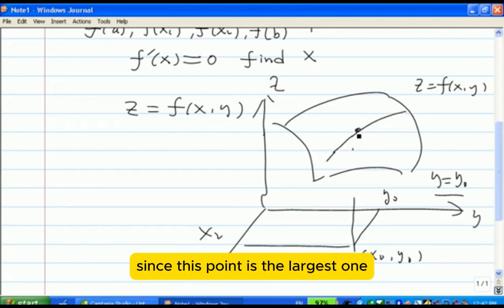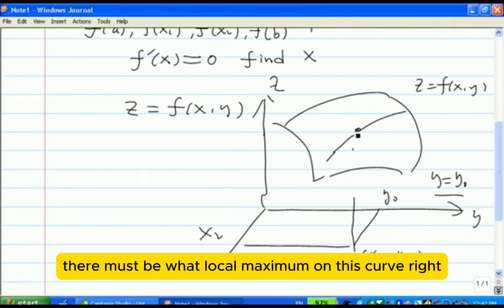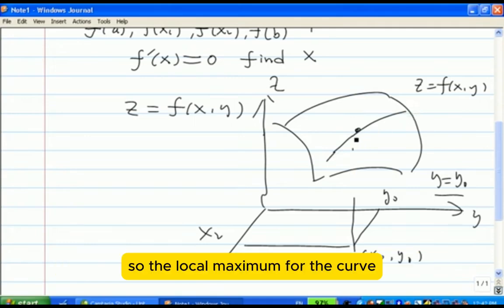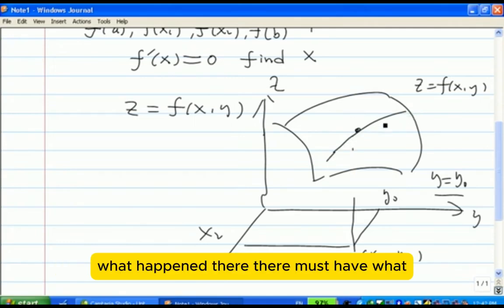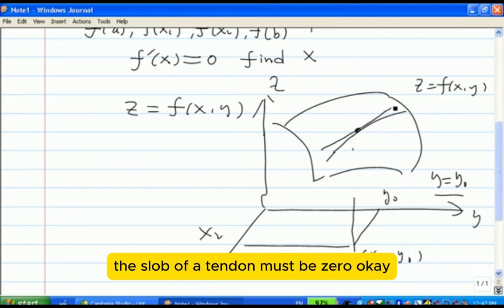Since this point is the largest one locally on the surface, there must be a local maximum on this curve, right? At the local maximum of the curve, the slope of the tangent must be 0.